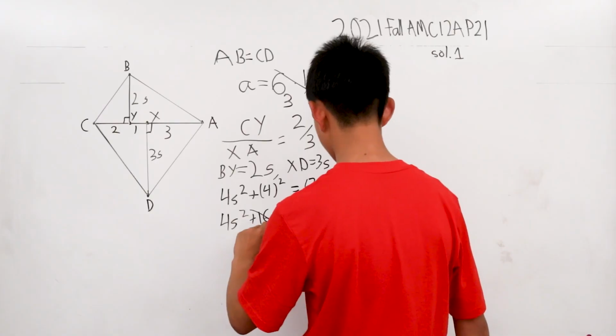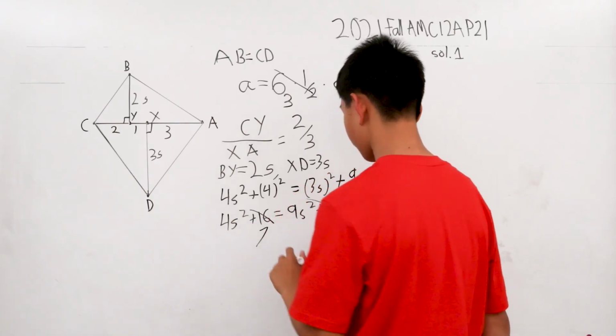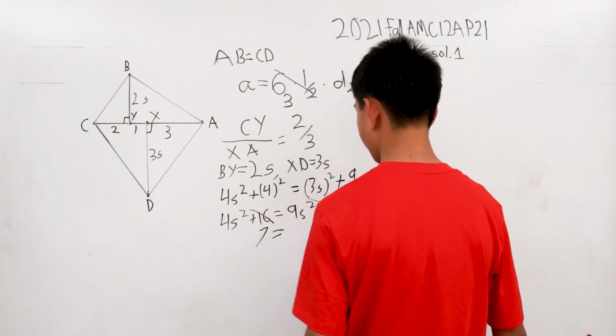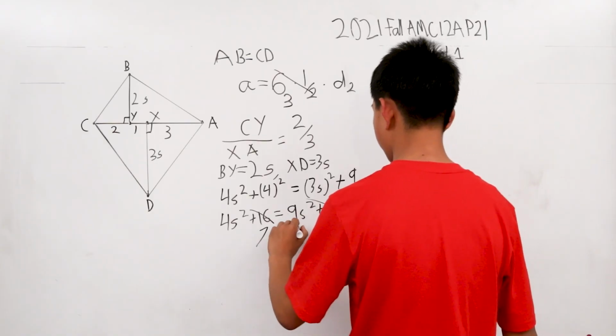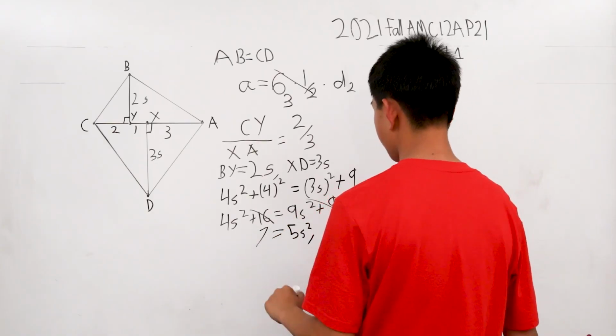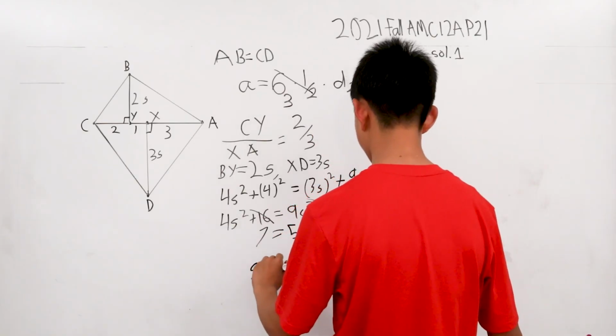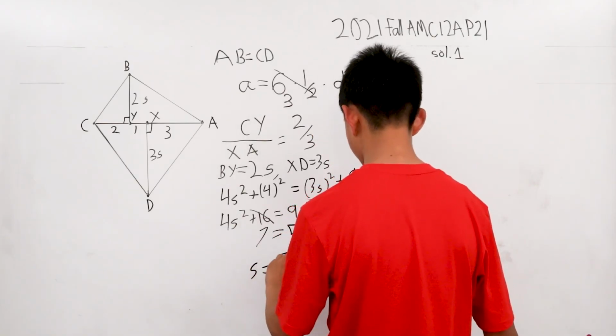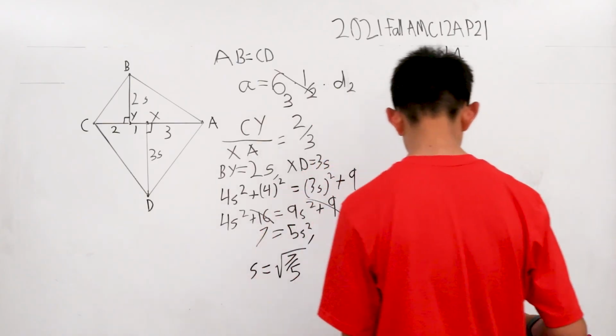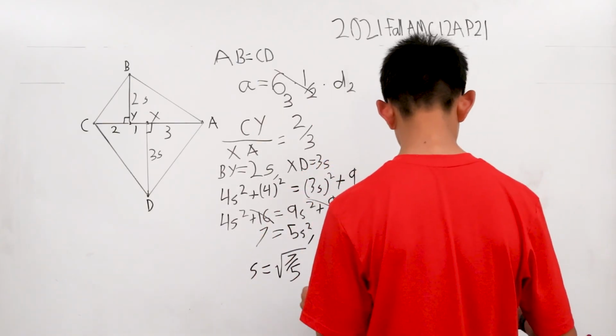These can cancel to get 7, and 7 is going to be equal to 5S squared. Therefore, S is going to be irrational, which is the square root of 7 over 5. And that's a little less than 1.